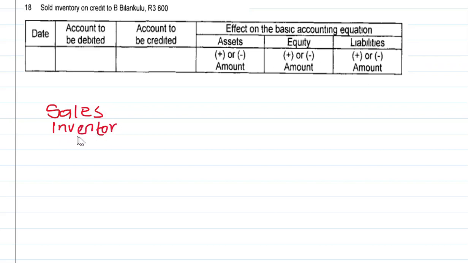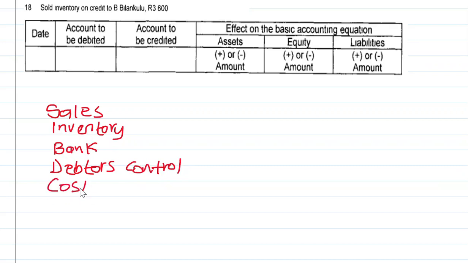When you're doing a sale, these accounts are affected: bank, debtors control, and cost of sales.